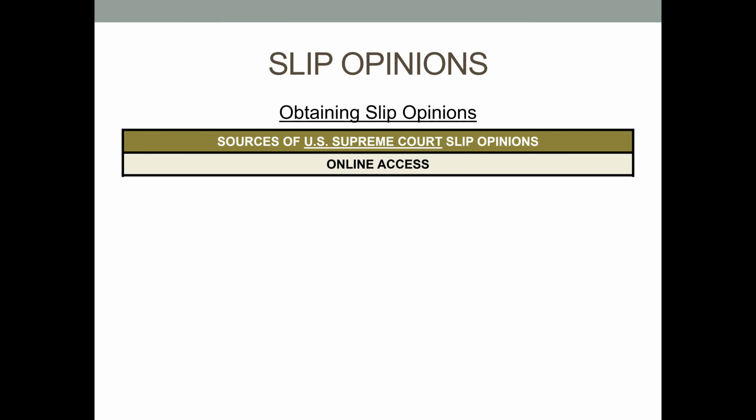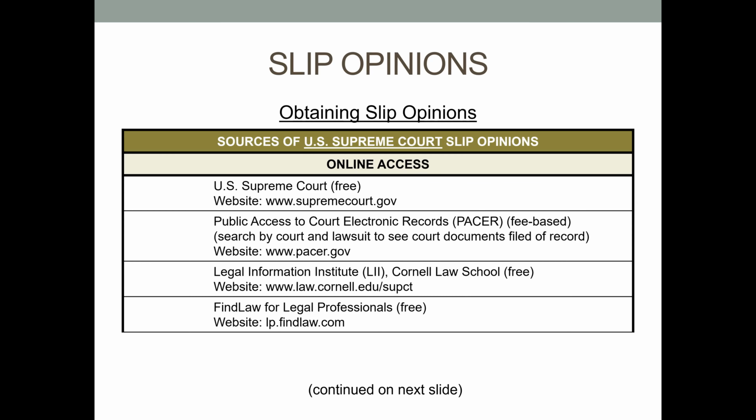Now, there are more places though where you can access the slip opinions online, either as a PDF or digitized text. One nice thing is that the U.S. Supreme Court on its own website makes its slip opinions available for free. And I'll show you the website screen capture in just 1 second.